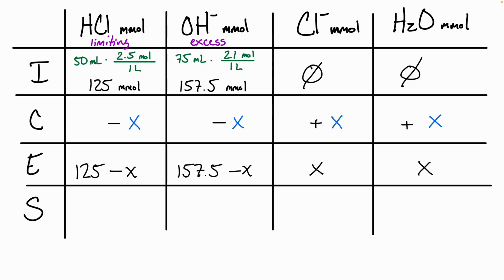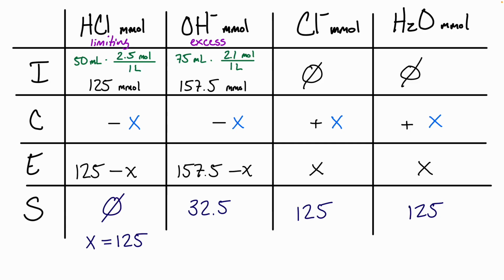When I solve my ICE table here, what will X be? 125, right? Because this is my limiting reactant that gets consumed. That means X is 125, so I can go across and fill these all in. And importantly, my 157.5 minus 125 leaves me with 32.5 millimoles of hydroxide.